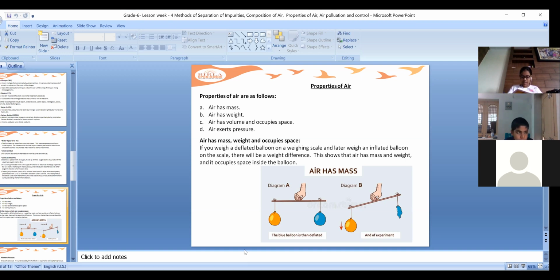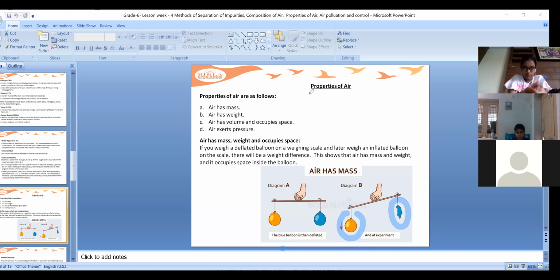Air has some weight. If you tie these two balloons and you remove the air from one balloon, what happens now? The stick to which the balloons are attached, you can see this balloon is filled and has some weight, and the air is being removed from here, so now it won't have any weight.